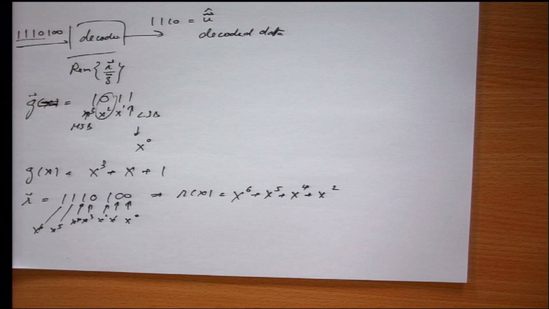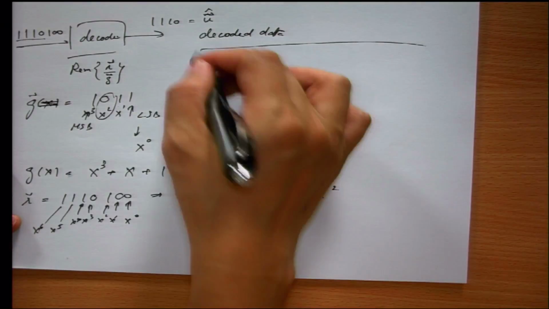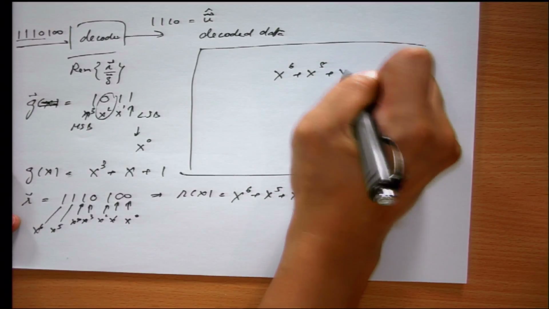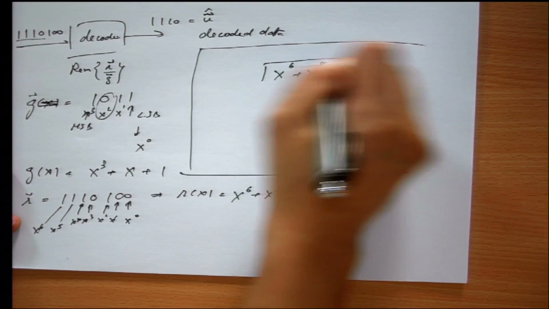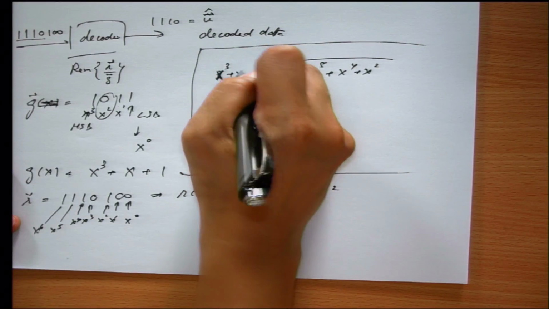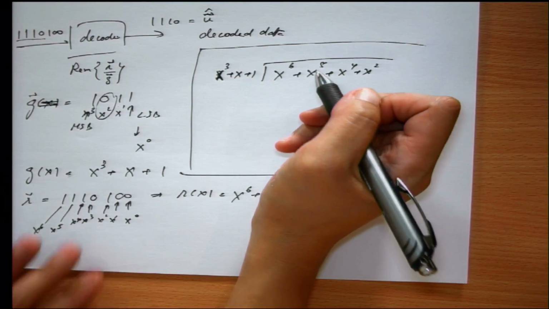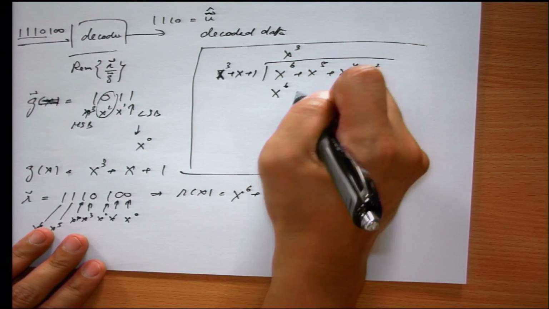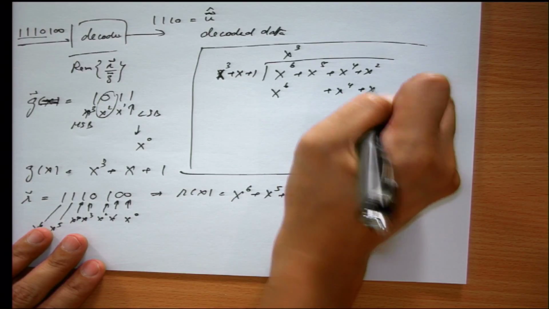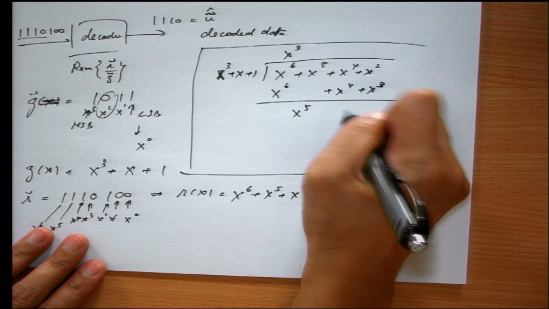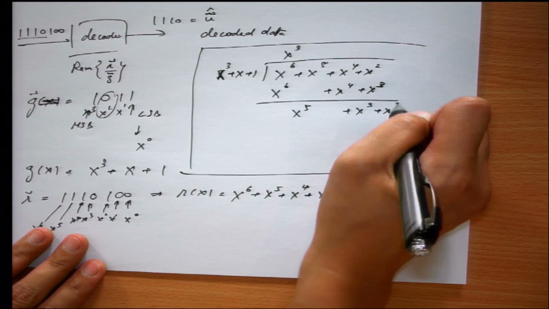When you have the received sequence, you can divide it by the generator polynomial Gx, that is x cubed plus x plus 1. You subtract x to the 6th plus x to the 4th plus x cubed, so you get x to the 5th plus x cubed plus x squared.